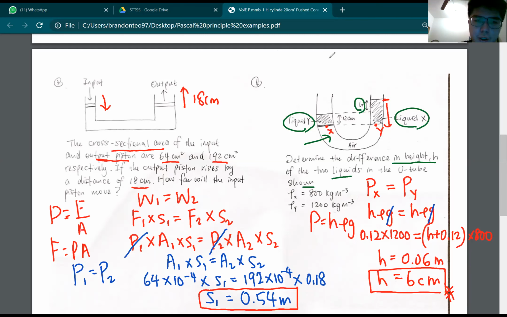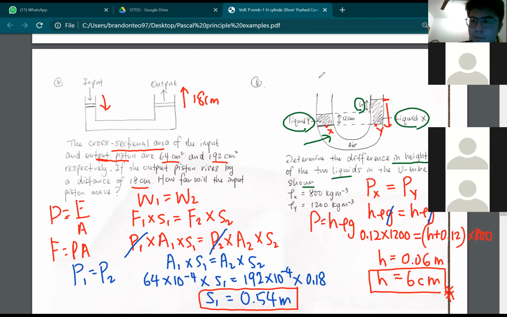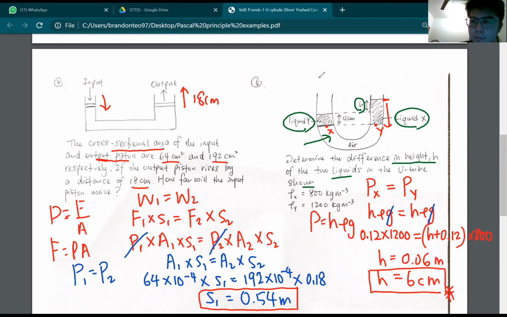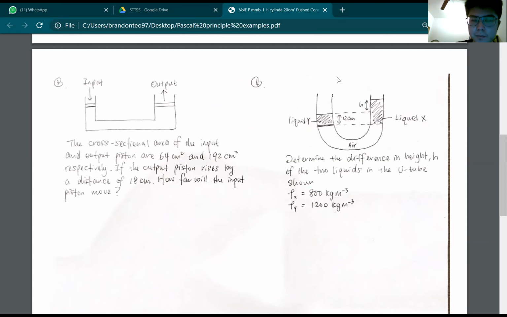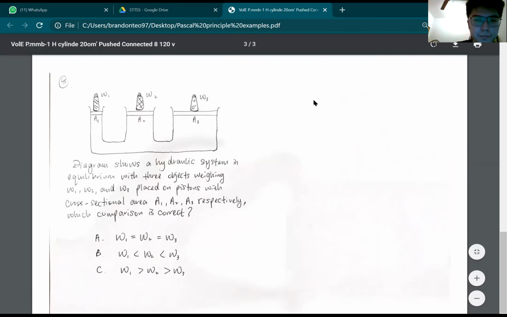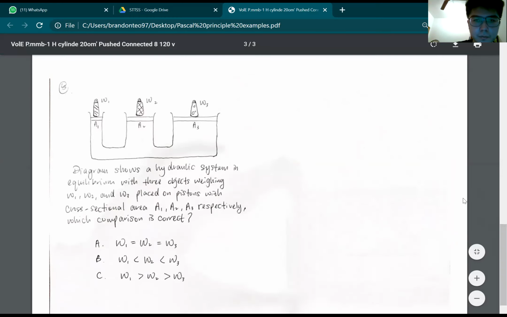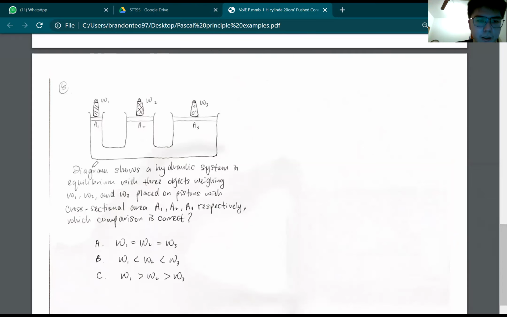OK，你们 screenshot 这个，我们去最后一题。Okay, this one, the diagram shows a hydraulic system in equilibrium with three objects weighing W1, W2, and W3 placed on pistons with cross-sectional area A1, A2, A3.